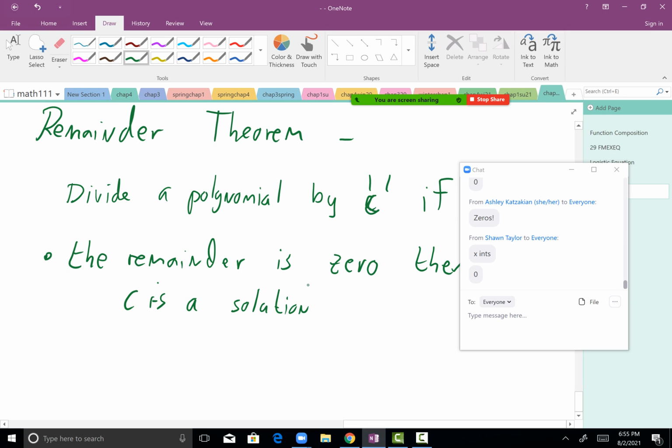Now remember, if it's a solution, it automatically makes it a root and it's an x-intercept. I mean, it could be an x-intercept, I should say.